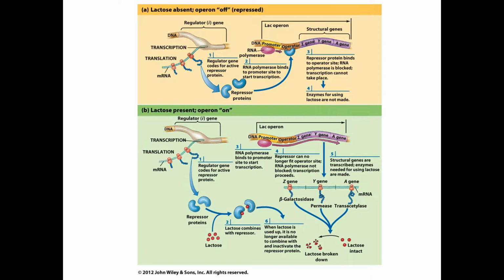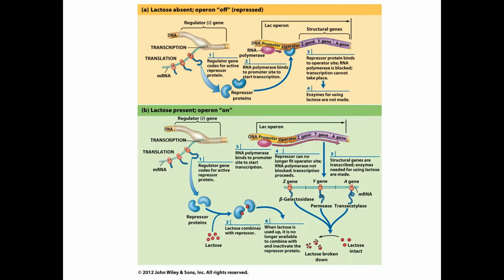You have your little i gene, which is basically responsible for synthesizing the repressor protein. That's a regulatory gene. It gets turned on and encodes the active repressor protein, which binds to your operator. Now RNA polymerase can't transcribe the genes needed for breaking down lactose.